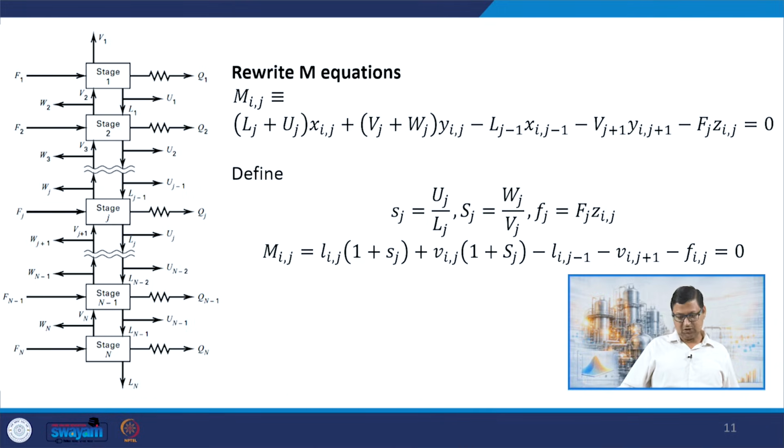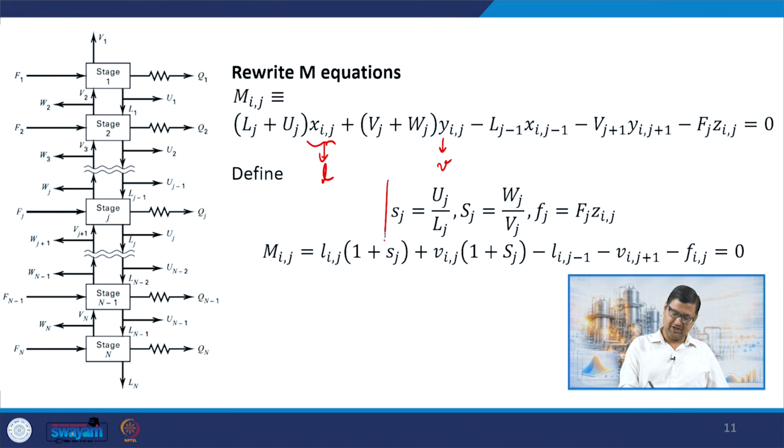Okay. So, once we do that, then our earlier M equations, the material balance equations, which was in the terms of the mole fraction of species in the liquid and vapor, now I rewrite that equation in terms of the component molar flow rates in the liquid and vapor. So, I am going to replace x with l and y with v, right. And we defined some other variables to simplify our arithmetic.